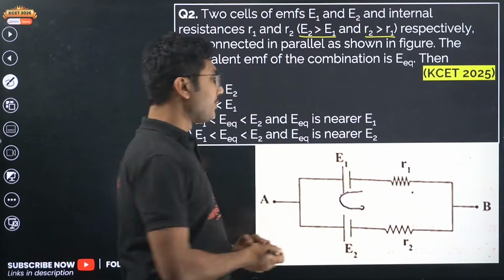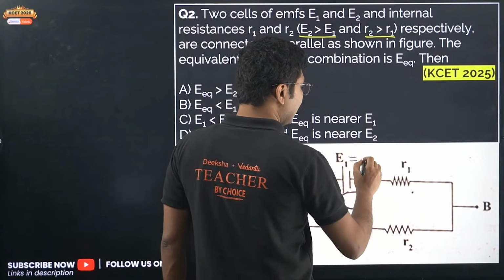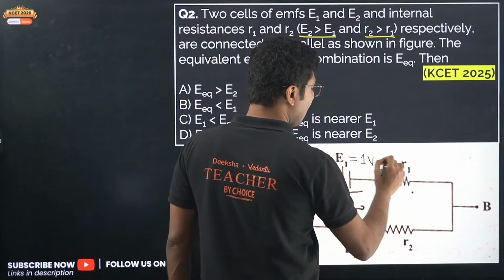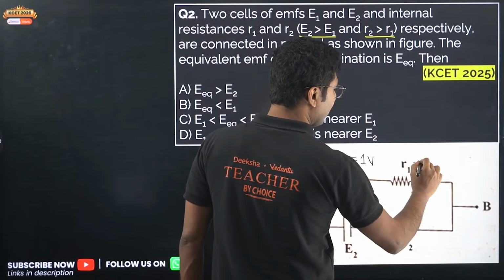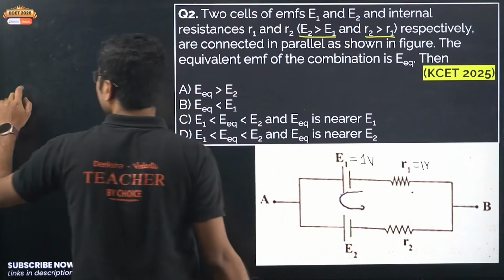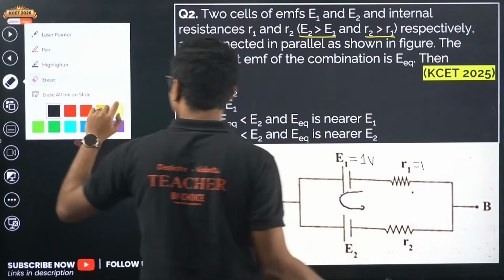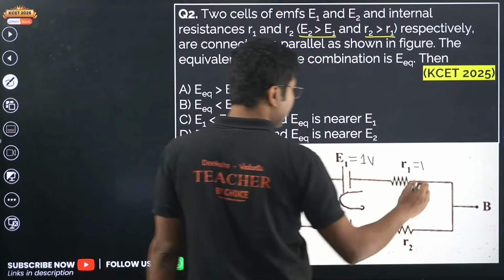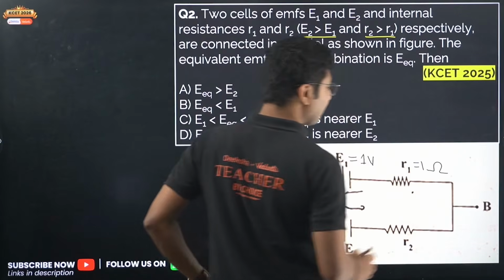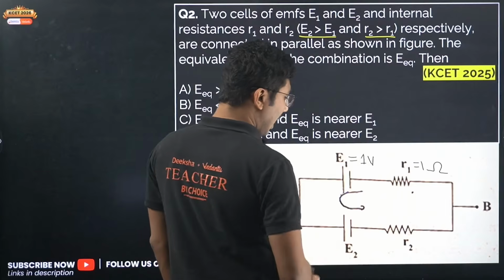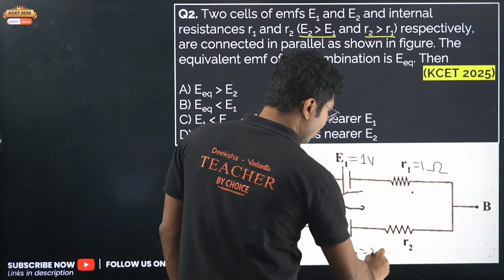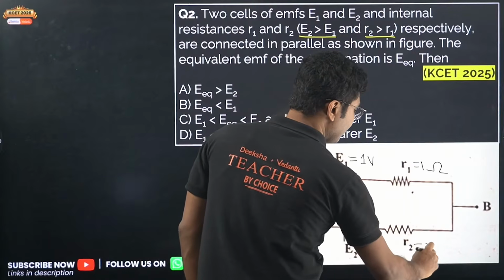So we will assume that E1 is 1 volt, R1 is 1 ohm, because if the values are given, we can apply some formulas and calculate the equivalent EMF and equivalent resistances. So E2 is say 2 volt and R2 is 2 ohm.